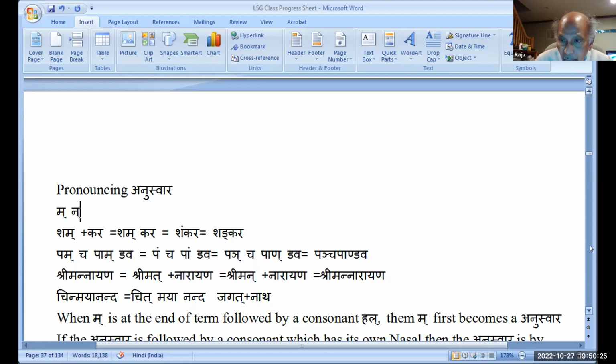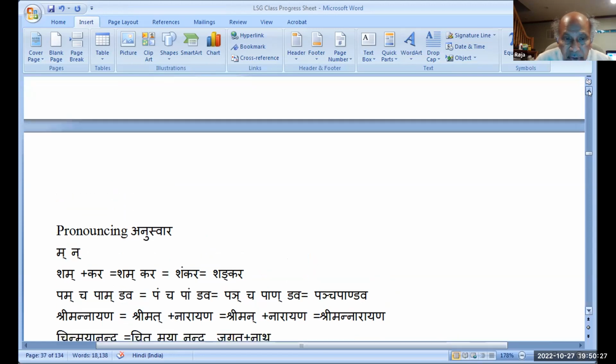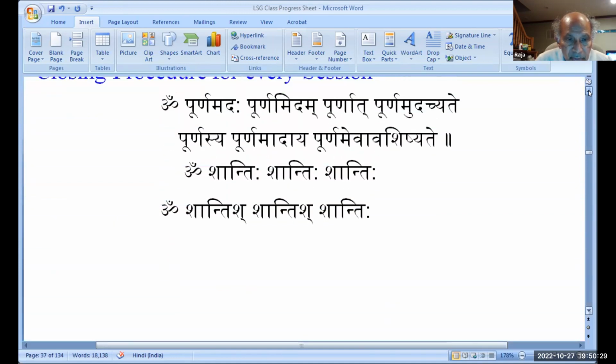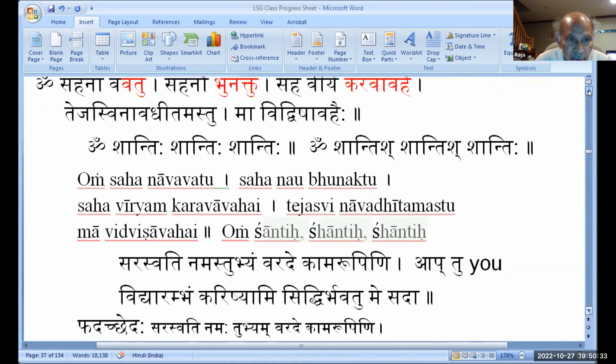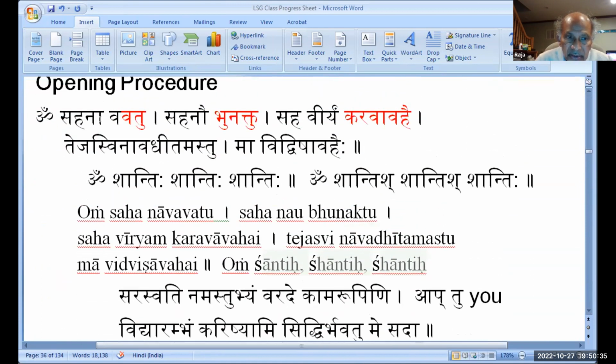Now, what we did was we said, let's look at this sloka here. Saha navavatu, saha nau bhunaktu, saha viryam karavavahai, tejasvi navadhitamastu ma vidvishavahai.